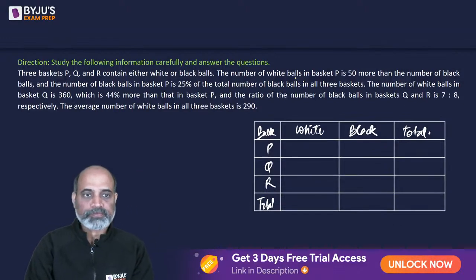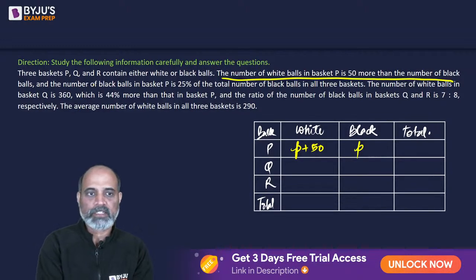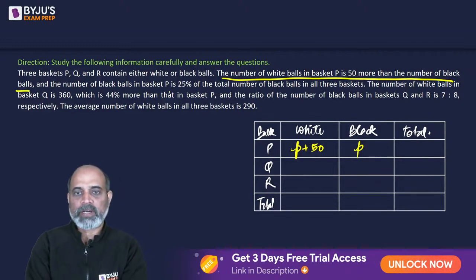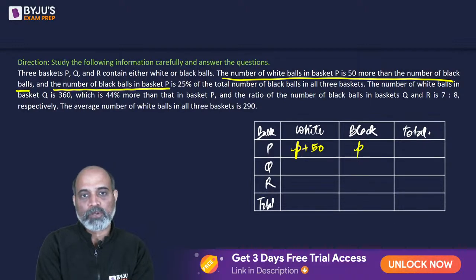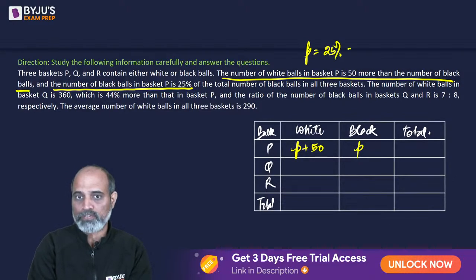So the number of white balls in basket P is 50 more than the number of black balls. So if the number of black balls is P, this is going to be P plus 50, right? So the first statement tells us this. And the number of black balls in basket P is 25% the number of black balls in all the 3 baskets. So since the number of black balls in basket P is P right now, that P is 25% of the total number of black balls that we are going to have.